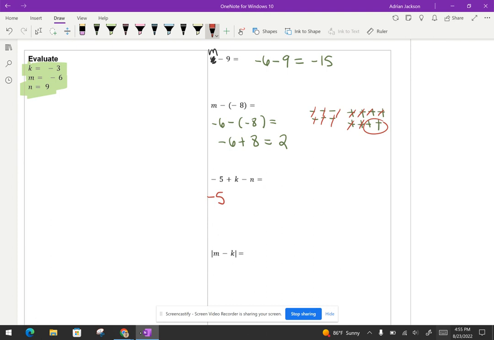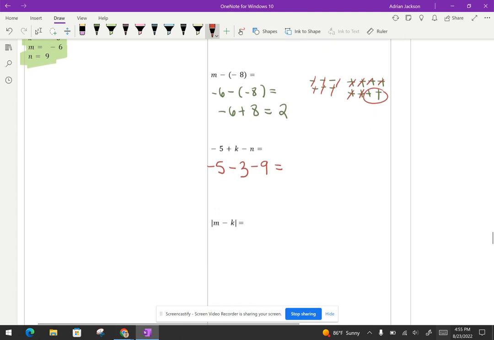You could write plus negative 3, or you can just put minus 3. And then minus N, and N is 9, so minus 9. Here you could do a chart if that helps you, a plus and a minus chart. I have a 5 that's negative, a 3 that's negative, and a 9 that's negative. So in total on the negative side, I have 17, which means my answer is negative 17.